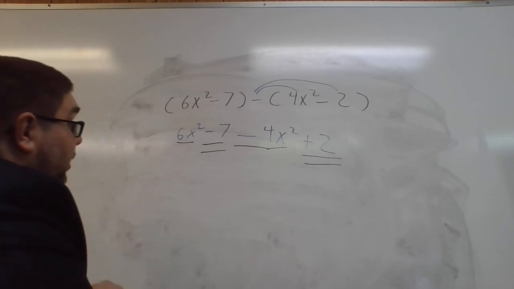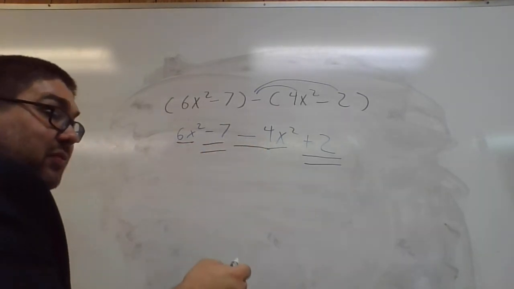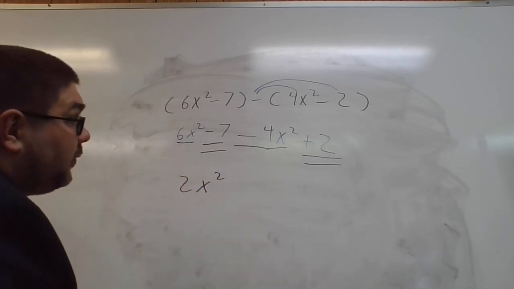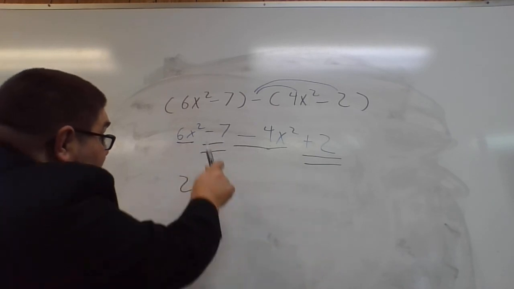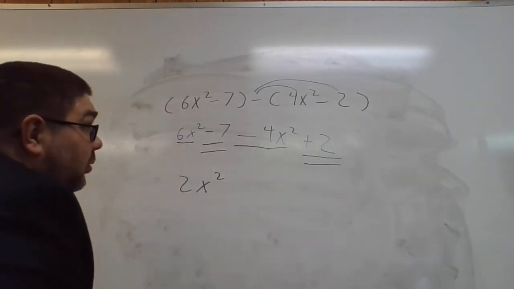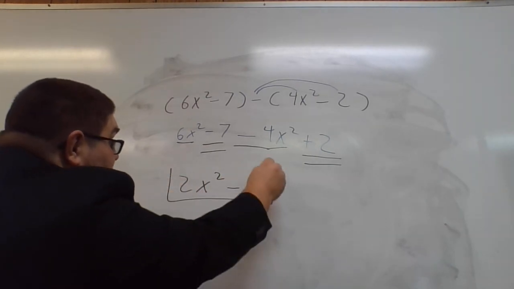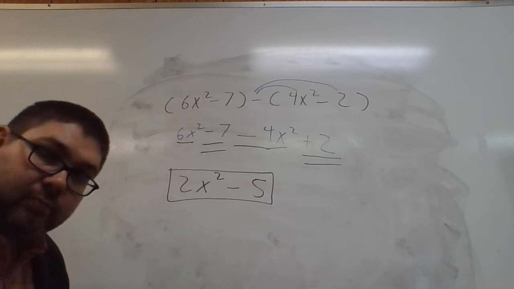So 6x squared minus 4x squared. 6 minus 4 is 2. -7, now we're under constants. -7 plus 2, -5. And you're done. That is that.